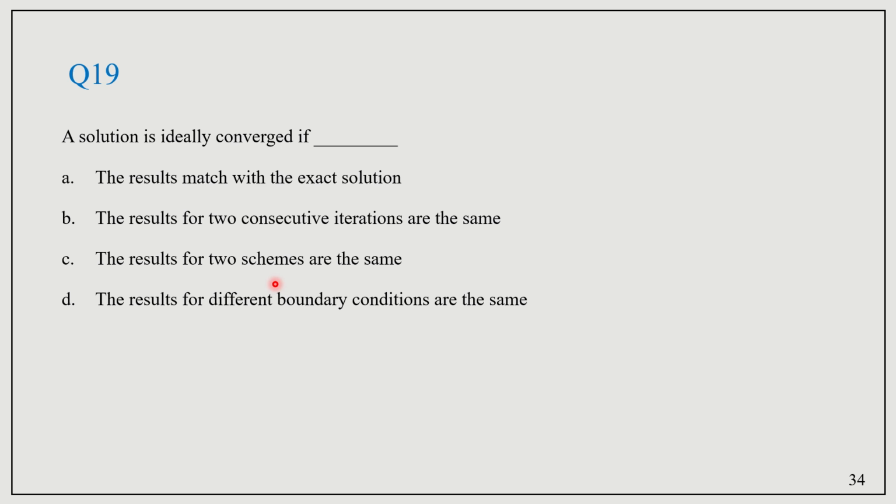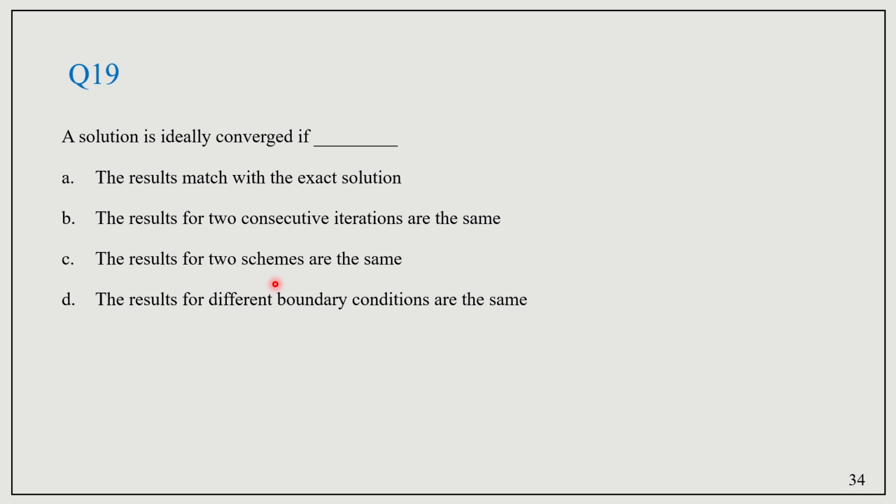The results will go closer to the exact solution of the partial differential equation, moving closer towards it, but it will not be matching in most cases. So that is not the case. A is false.